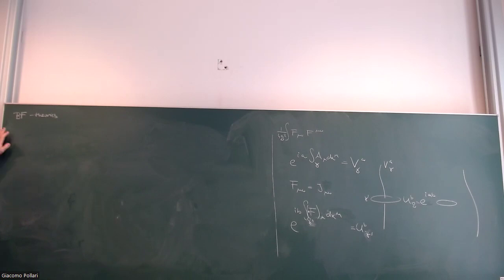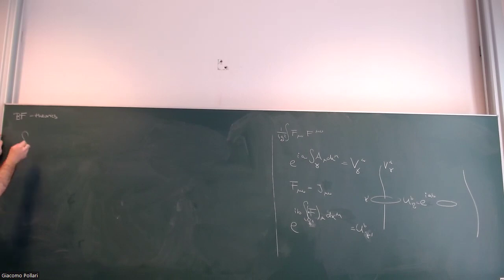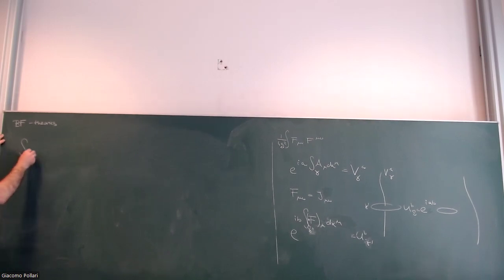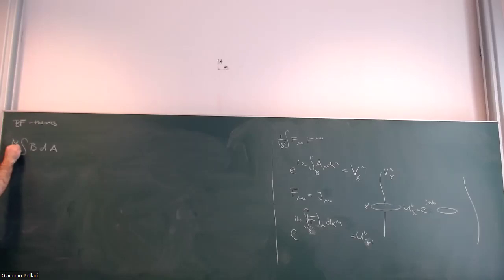So what are these theories? They're sort of a non-chiral version of Chern-Simons theory. They are free theories, first order free theories of this kind.